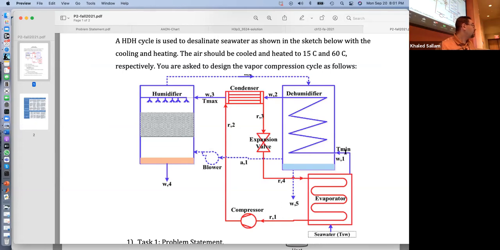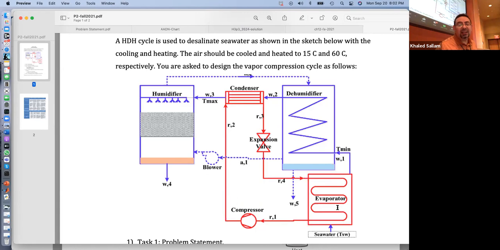So the air in this humidifier needs to be cooled down to 15 degrees. So the temperature of the water that will cool the air to 15 degrees, should it be 15, lower, or higher? Lower. Let's make it 10. So this water needs to be 10.